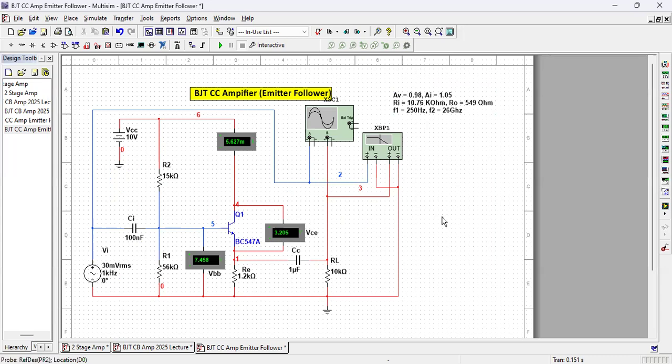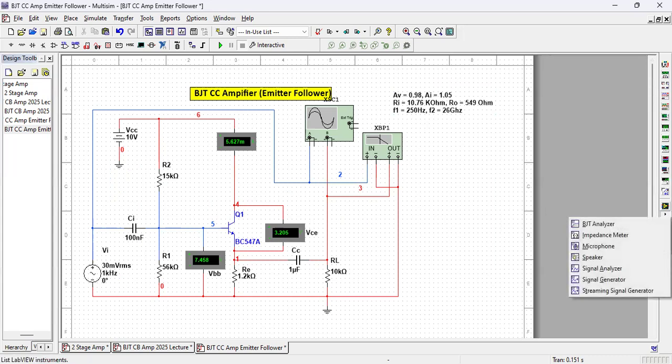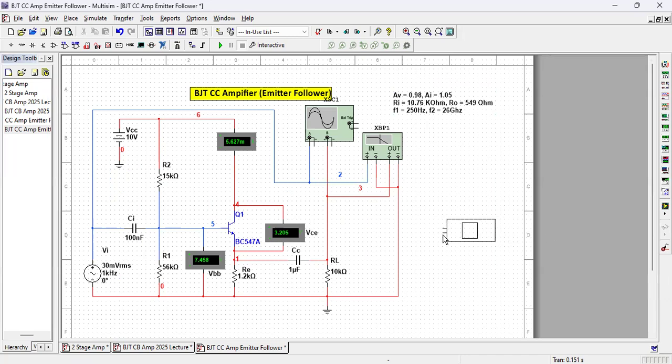Similarly, you can measure the output resistance also. But I will show you another method by using a software impedance meter. That will be useful to you when you use it in your lab or at your home. This is the impedance meter.